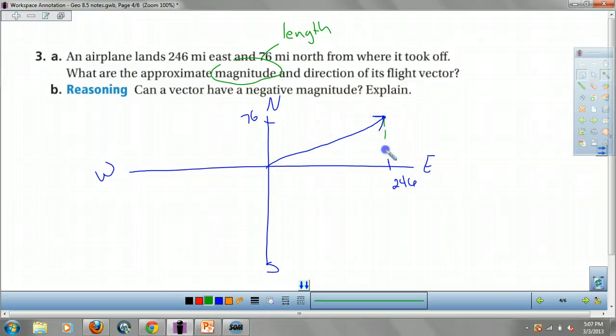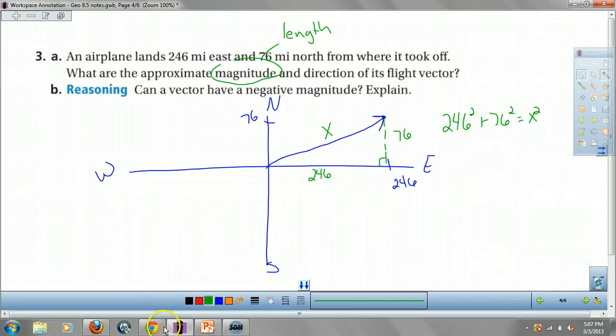But watch this. Right triangle, right? This height is 76 from over here. Length is 246 right here. I can use Pythagorean theorem to find this side, which is my magnitude. I do 246 squared plus 76 squared equals x squared, right?